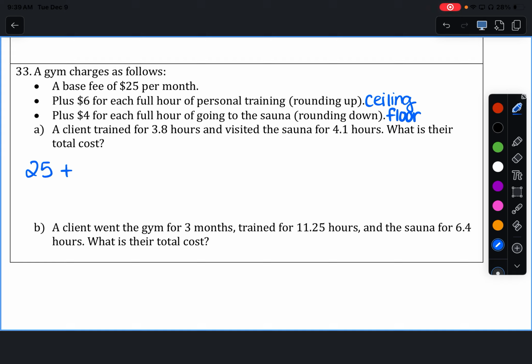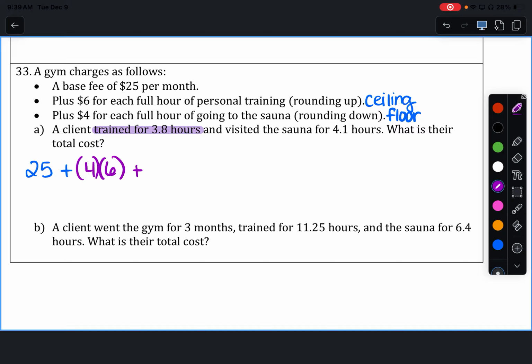Now, the client trained for 3.8 hours. Okay, so what is the ceiling of 3.8? 4, so that is 4 hours. But how much is it per hour? It's in the question. 6.